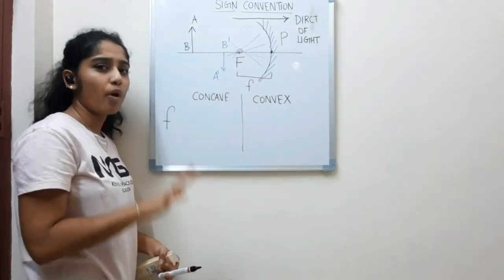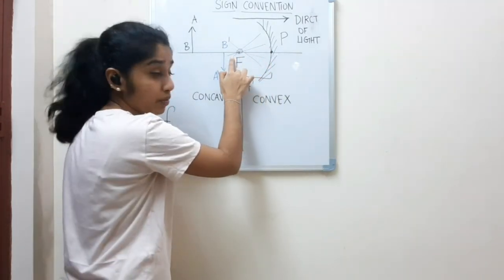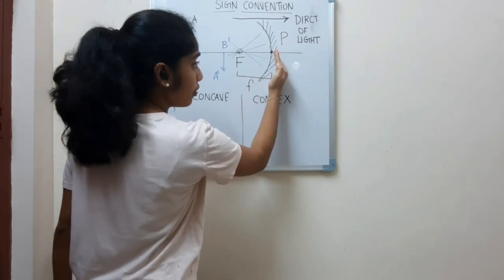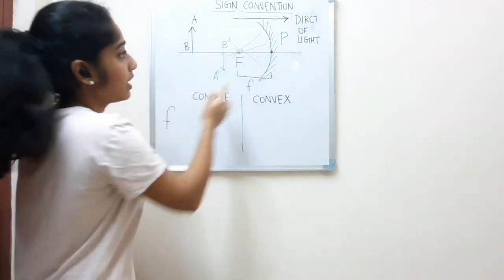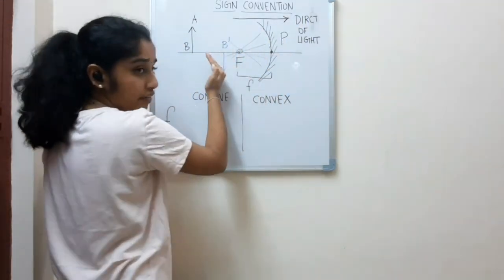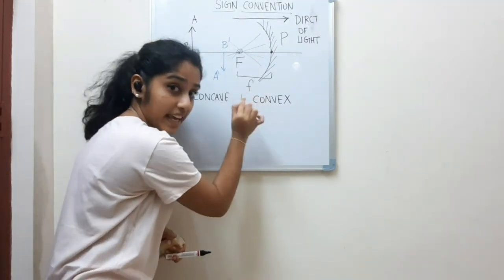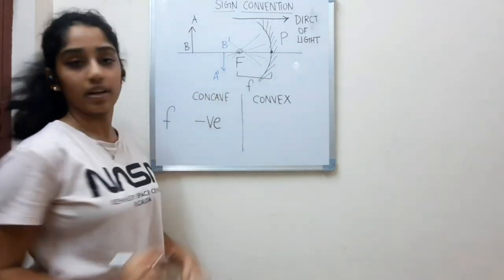And move towards the point that you require. So you're going to move from P to F. Since you're moving towards the left side, which is opposite to the direction of light, the distance will be negative. So your F here, in this case, is negative for a concave mirror.